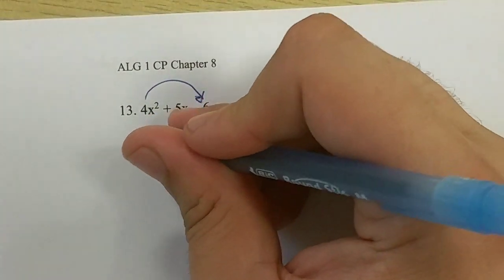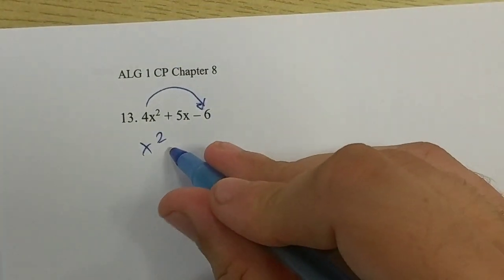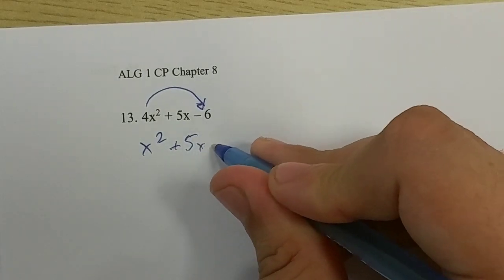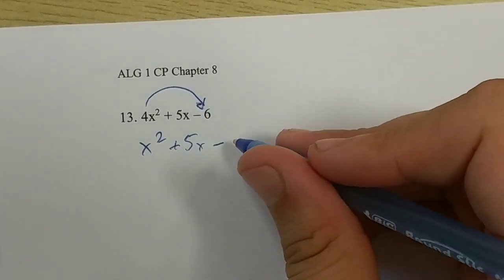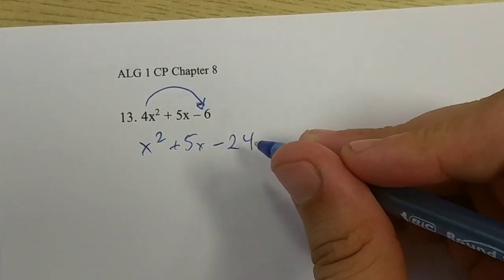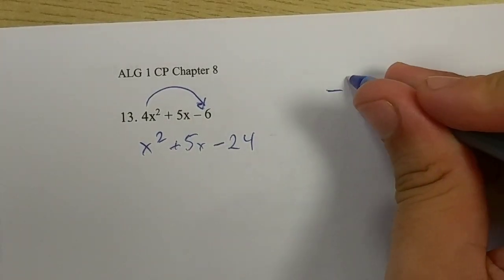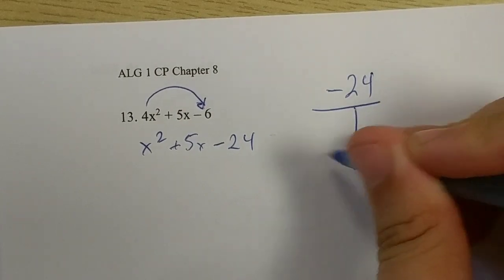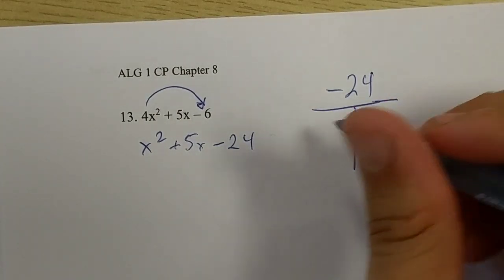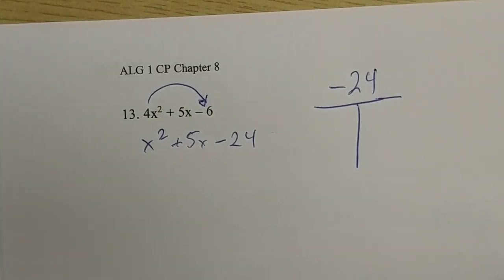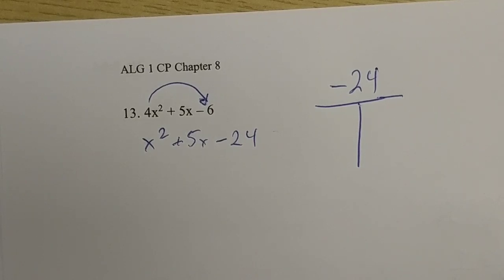So now my new equation is x squared plus 5x minus 4 times 6, 24. So I need things that multiply to not just 24, but negative 24 that add to 5.